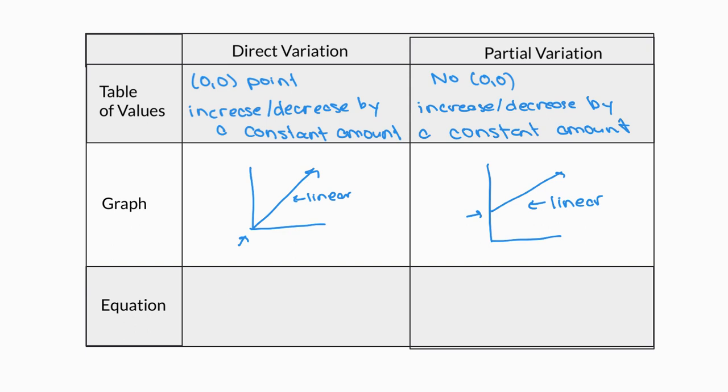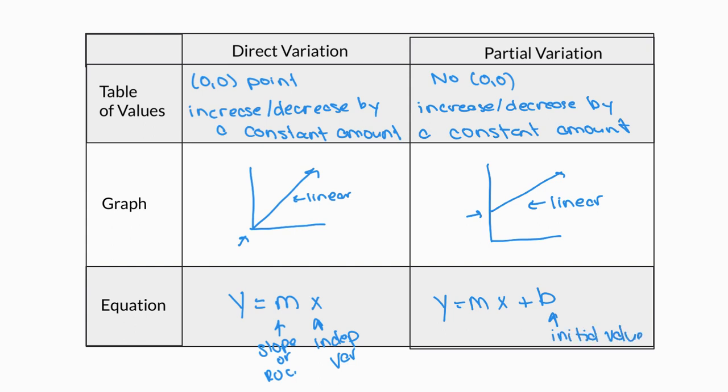The equation of a direct variation is the rate of change, we'll call it m, or the slope or rate of change, times the independent variable, where the equation of a partial variation is the slope times the independent variable plus, we'll call it b, which is the initial value, or the y-intercept.